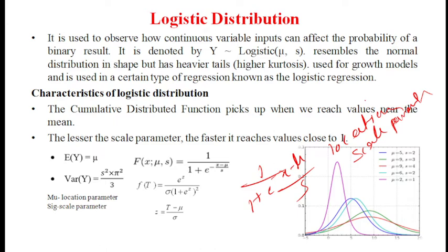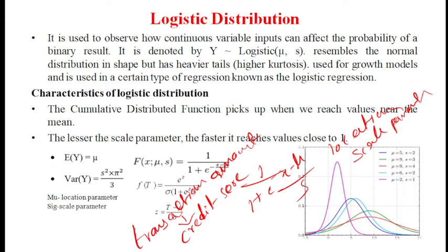To understand the relationship between these two predictor variables and the probability of a transaction being fraudulent, the company can use this logistic distribution.